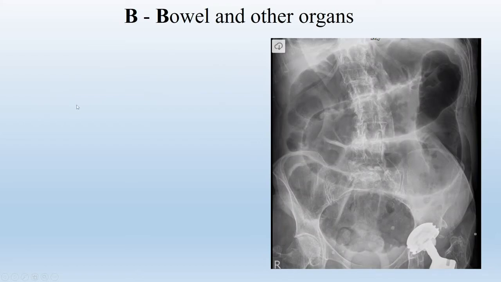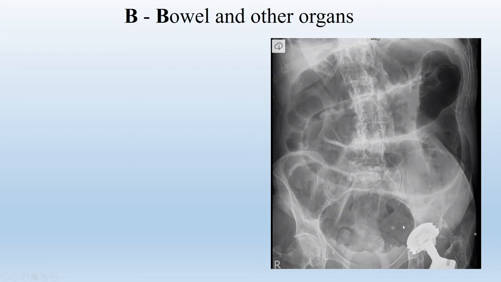Another case. So again, don't forget to start with confirmation of details and the name, and when the film was done, you consider the quality of the film. Does it cover everything that you need to know? You start with the air in the abdomen, then you go to the bowel, and so we can see the lumen of the bowel is distended, and the mucosal projections don't cross the whole lumen, so it is the large bowel.